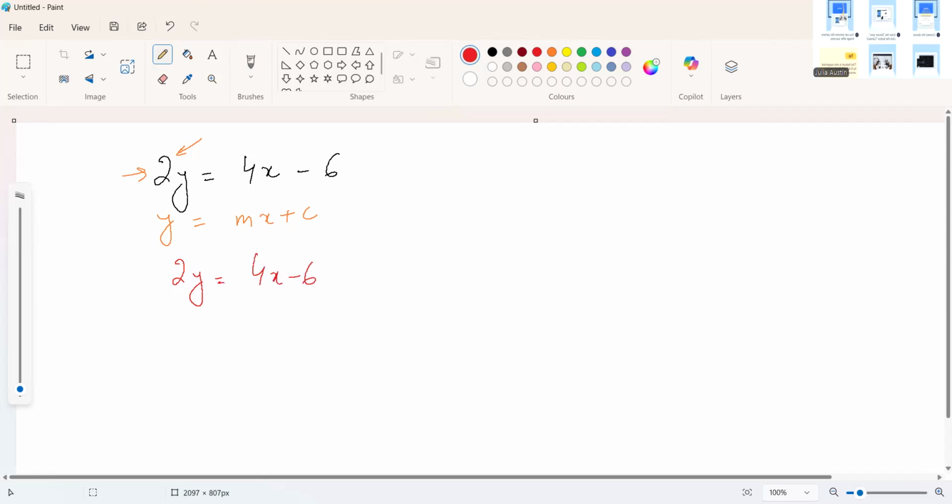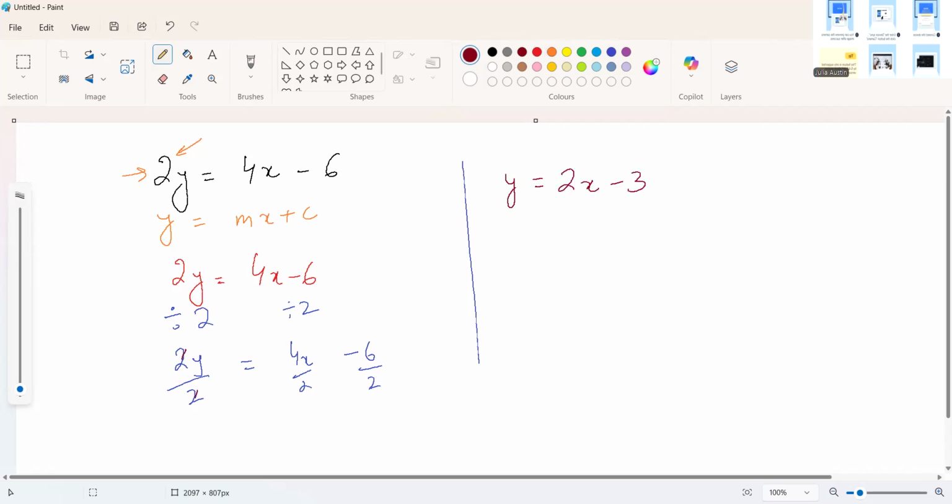Since there is no number with y, I will divide by 2 on both sides of the equality. So 2y divided by 2, 4x divided by 2 minus 6 divided by 2, which will lead to, this will be cancelled, simplify will give y is equal to 2x minus 3.